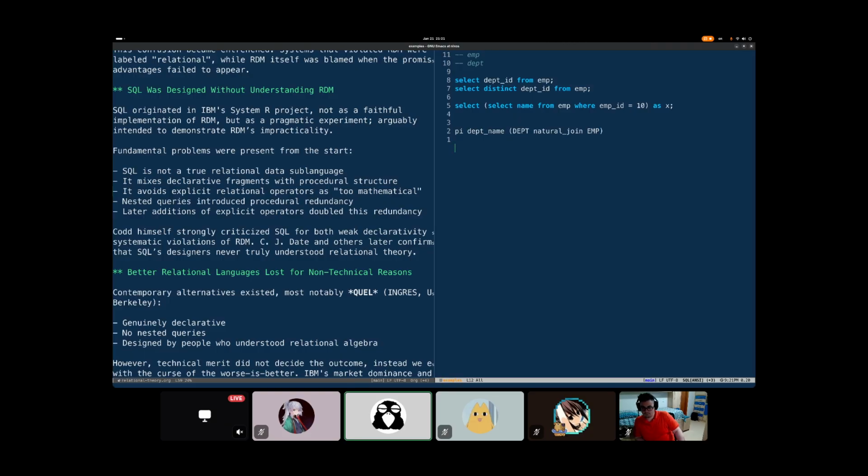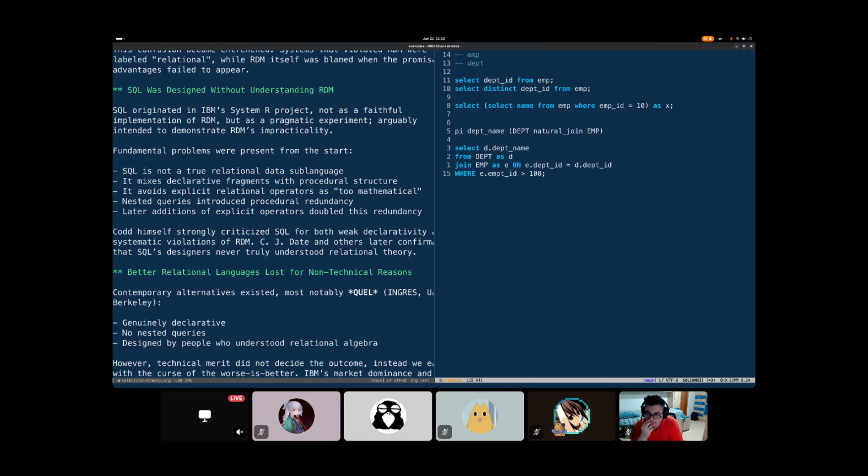Now, in SQL, the equivalent would be select d.dept_name from dept as d join emp as e on e.id equals dept_id, and then we may do where e.emp_id, I don't know, greater than 100, right?